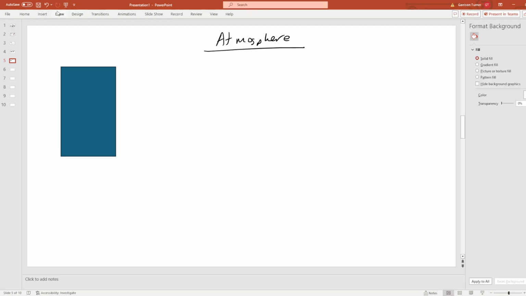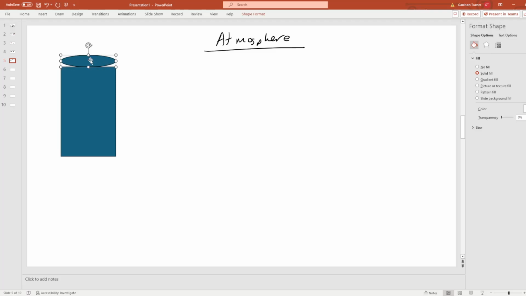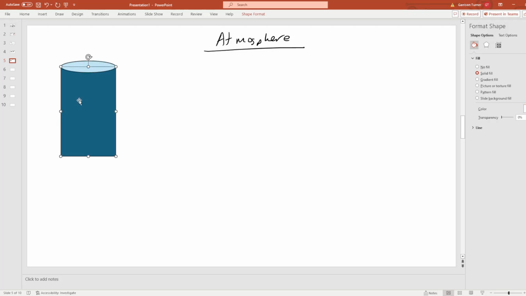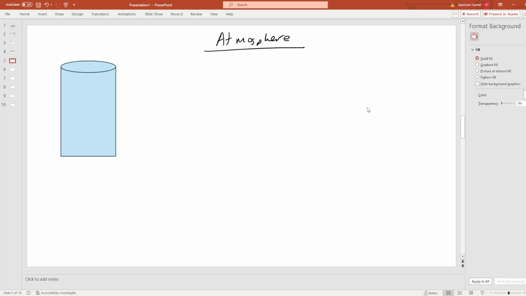Let me undo that. There we go. Let's make this a very light blue so we can actually see what we're going to do with it. So I have a cylindrical column, and downward is toward the earth, upward is toward the top of the sky.